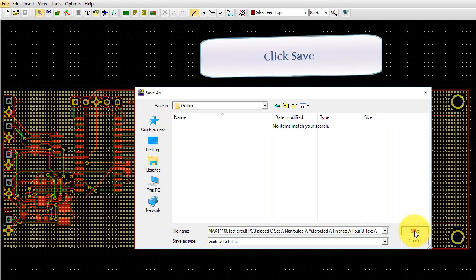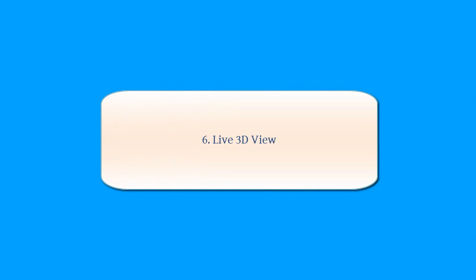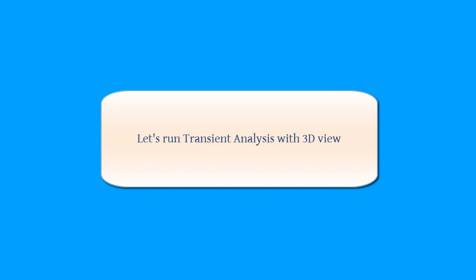Click Save. It is also very important to check Gerber files once the design is completed. Note that many free viewers are available, like ViewMate, GC Preview, and more. Step 6. Live 3D View. Let's run transient analysis with 3D View.